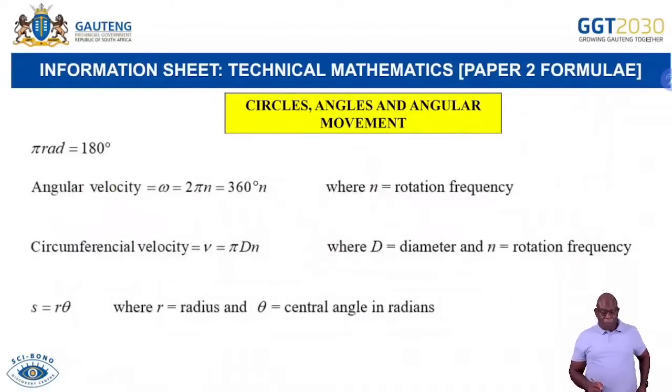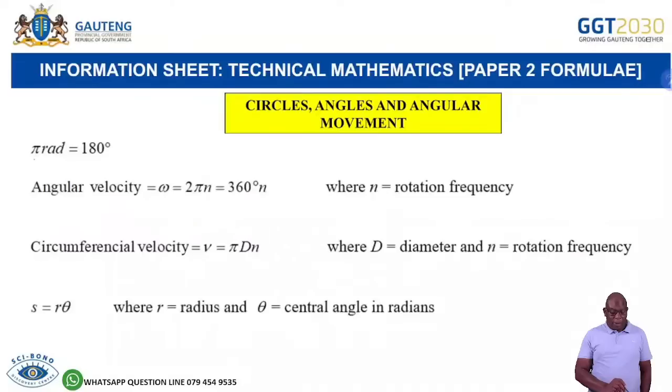Circles, angles, and angular movement. Easy topic. With that formula, if I want to find the radius, remember, sometimes you're going to be given an angle in degrees, for instance 72, and you want to change it from degrees to radians.